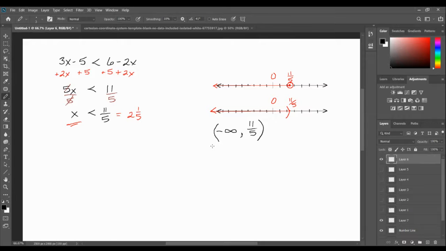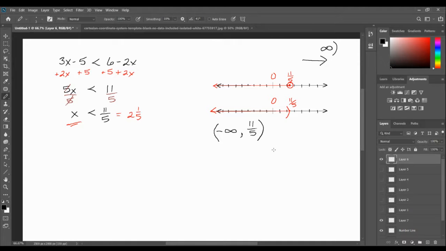If we were going large, say over that direction, we would go to positive infinity, which again would get a parenthesis. In interval notation, the smallest numbers are on the left, the largest numbers on the right. So this would allow us to denote all of the numbers between negative infinity and 11/5, not including 11/5. That would be the interval that they would expect us to type.